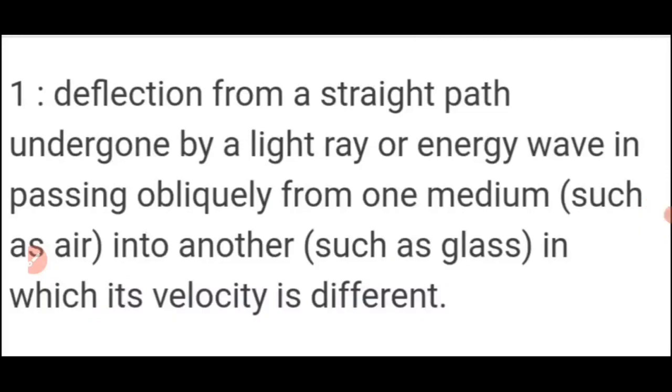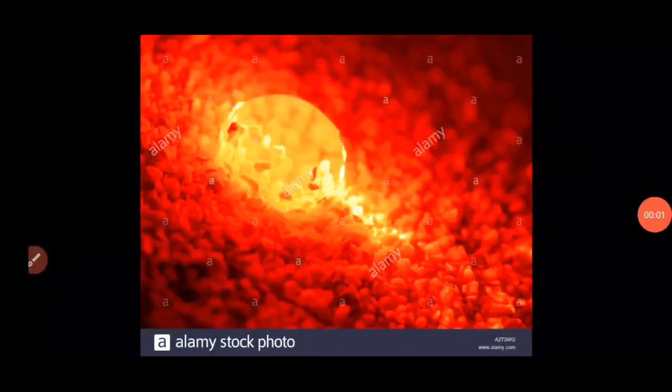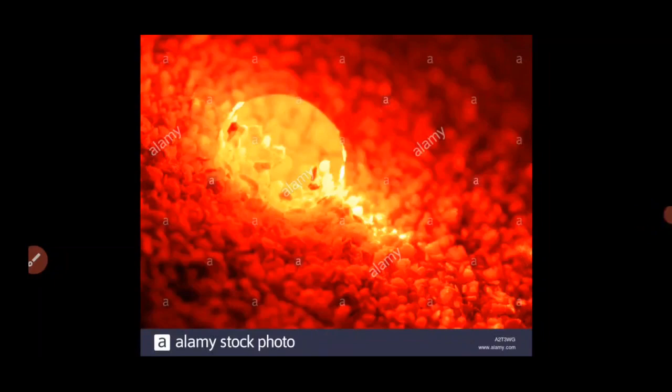Students, here refraction is given as the deflection from a straight path undergone by light rays or an energy wave in passing obliquely from one medium such as air into another medium, glass, in which its velocity is different. This is known as refraction. Sunlight is the natural example of composite light, which consists of light of various colors or wavelengths.